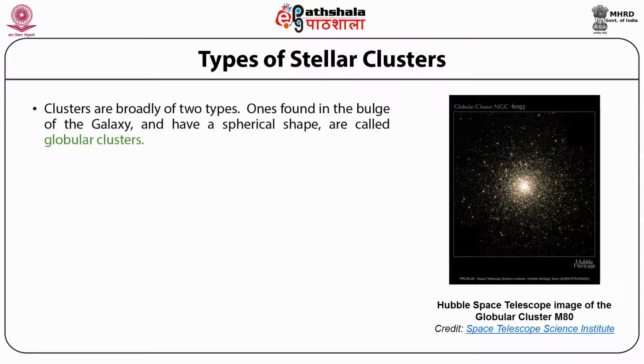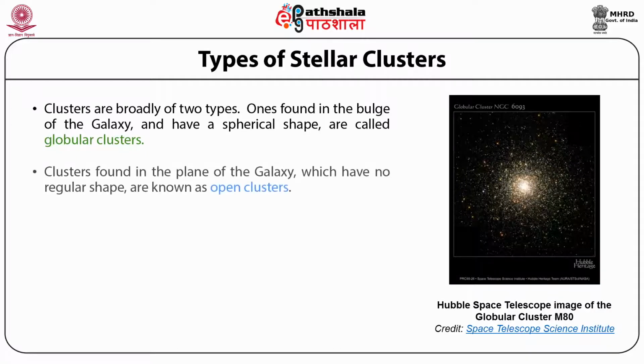Clusters are broadly of two types. Those found in the bulge of the galaxy, which have a spherical shape, are called globular clusters. Clusters found in the plane of the galaxy, which have no regular shape, are known as open clusters.